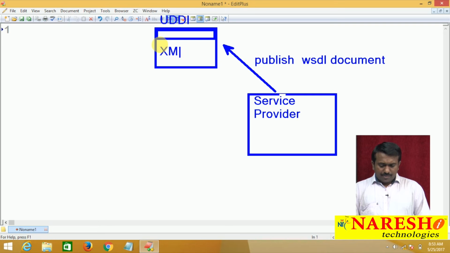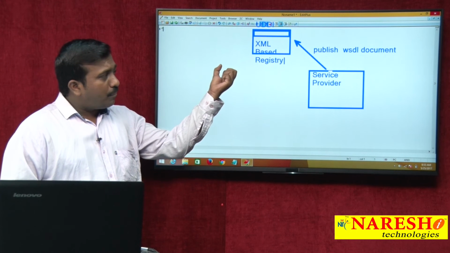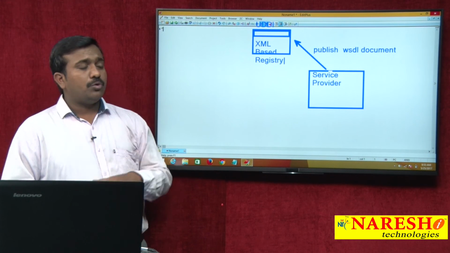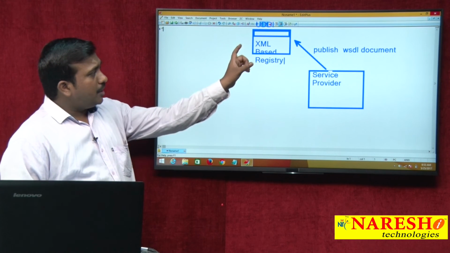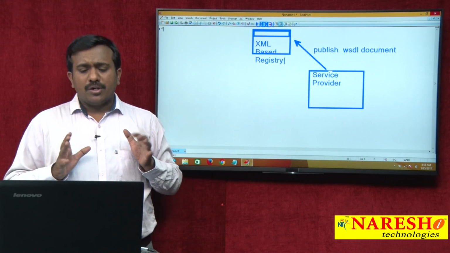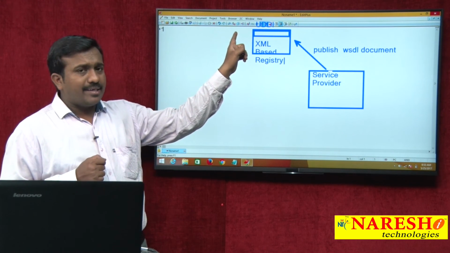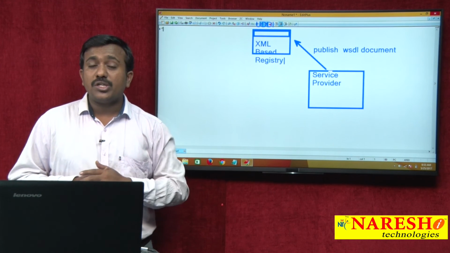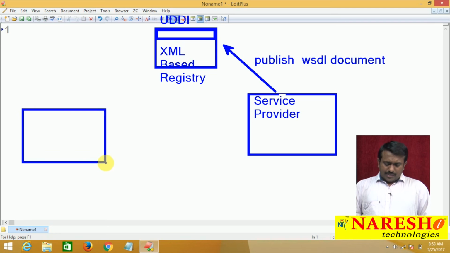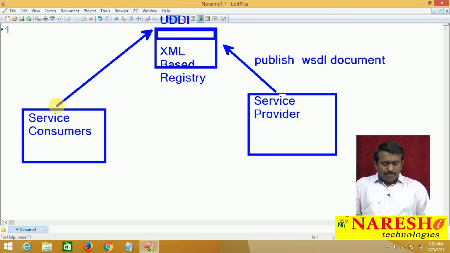This is one of the XML based registries. The service provider publishes all the WSDL documents into the UDDI registry. This registry maintains all the WSDL documents. So UDDI is a place that is used to store WSDL documents. The service consumers communicate with UDDI, sending the request to UDDI and getting the WSDL documents.